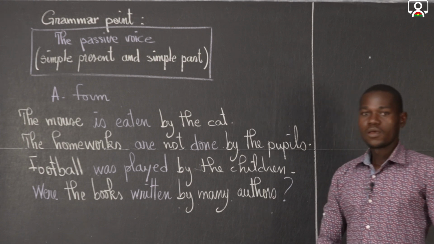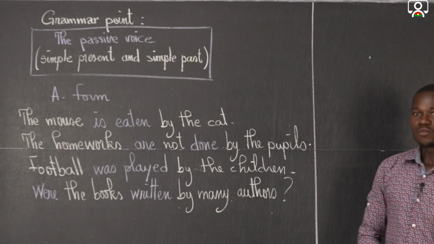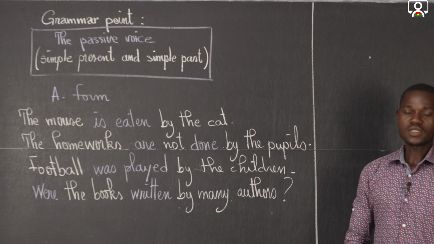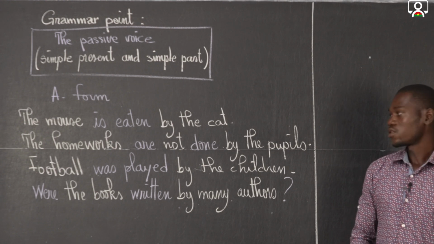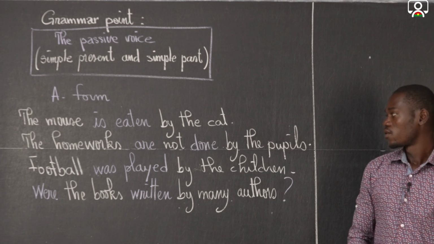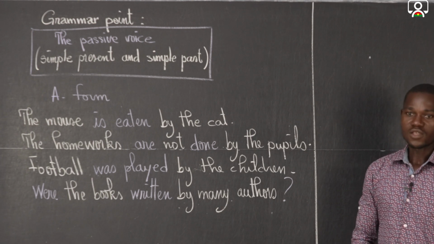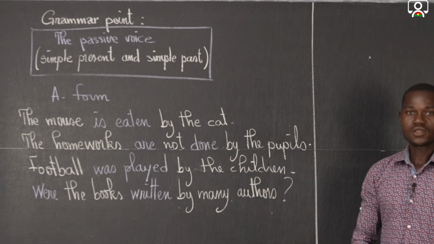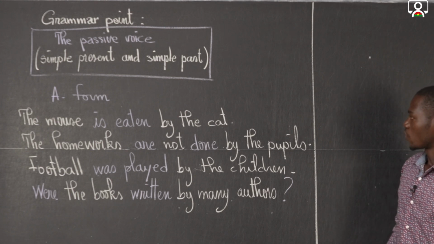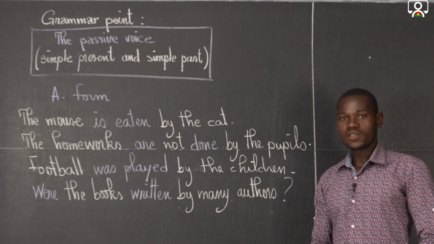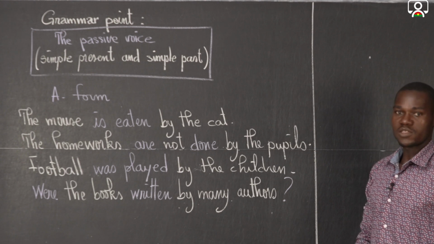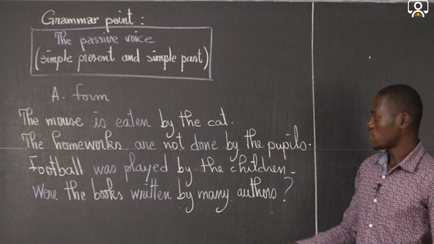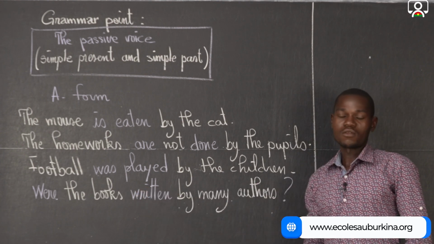So, in these sentences on the board, you can see that there are three forms. You have affirmative sentences, negative sentence, and interrogative sentence. All of the three forms are found in these sentences on the board. Now, what we are looking for here is how to form the passive voice. Forming the passive voice here is going to be based on the tense.